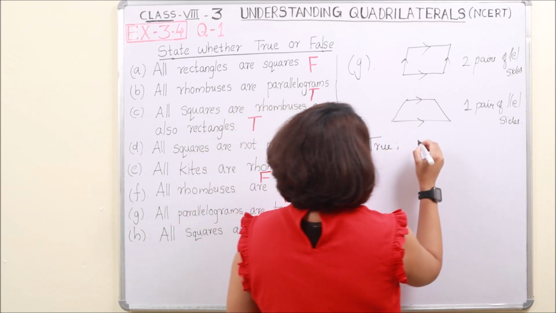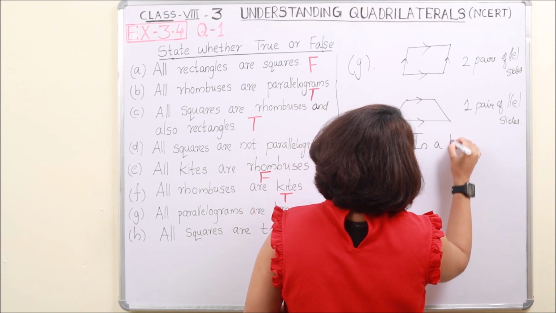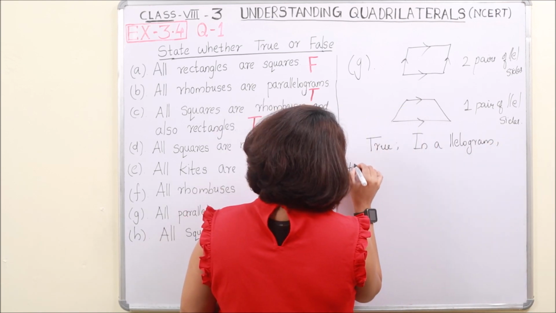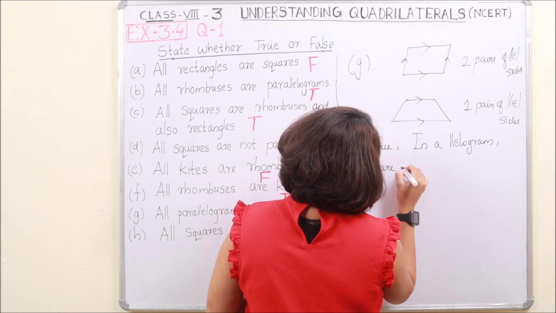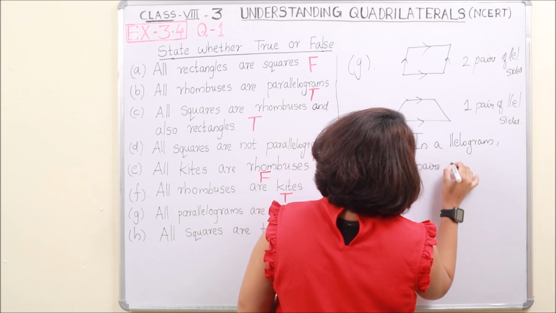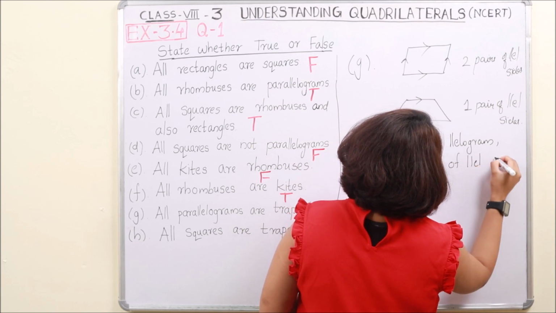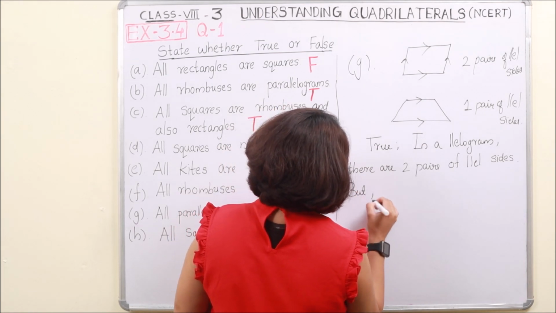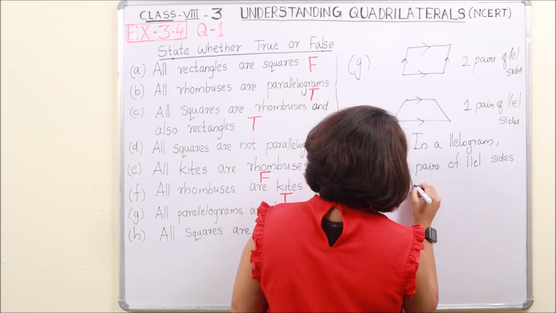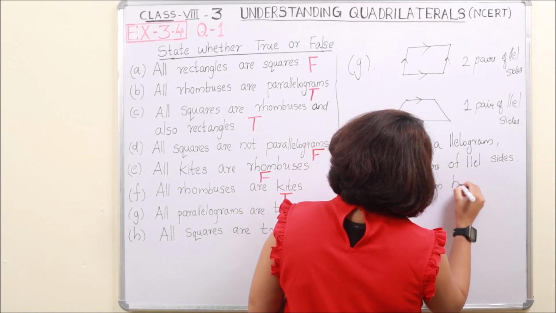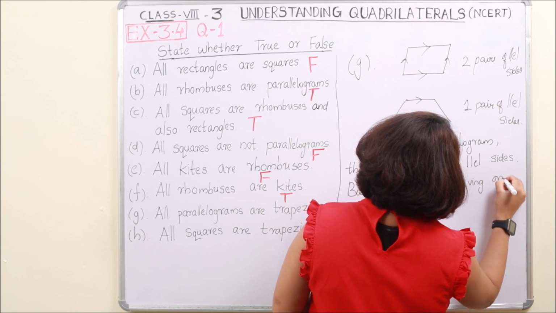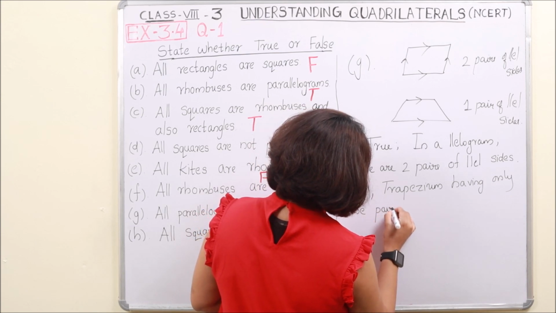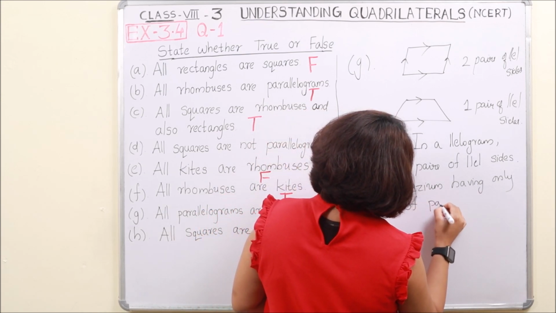The reason is, in a parallelogram there are two pairs of parallel sides, but a trapezium has only one pair of parallel sides.